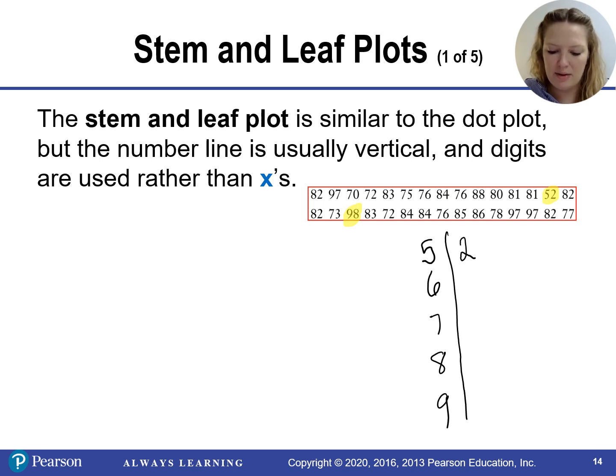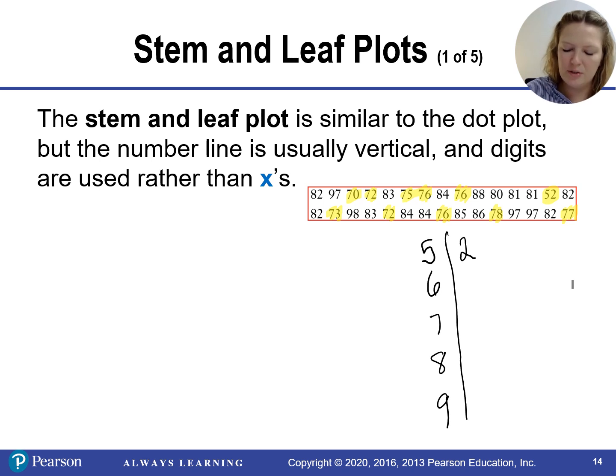Then for 70s, we have quite a few values. So we have 70, 72, 75, 76, another 76, 73, 72, 76, 78, 77.